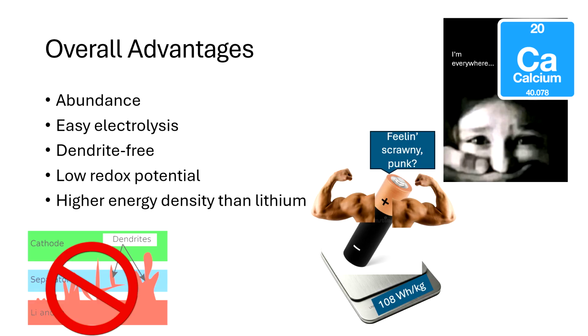Again, you've heard me say this before, calcium takes up about 5% of Earth's crust with its 45,000 parts per million, compared to lithium's 18 parts per million, or about 6.5 times 10 to the negative 4th power percent of the Earth's crust. So again, that means that calcium batteries are very cheap to manufacture.